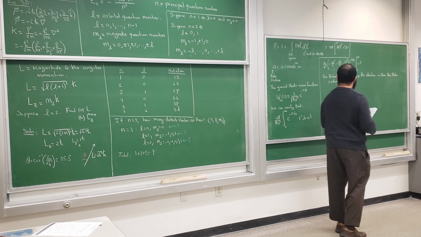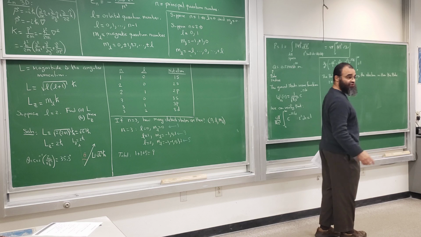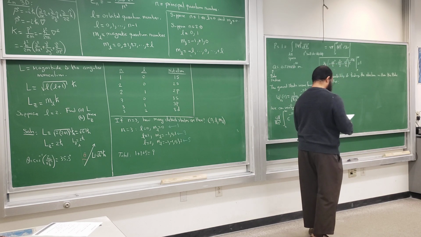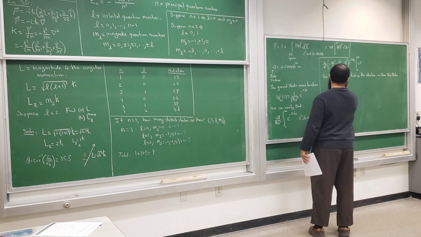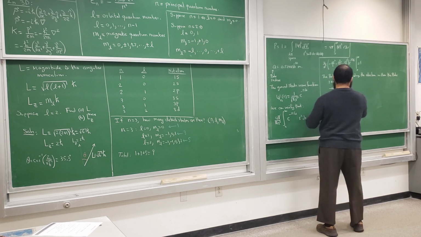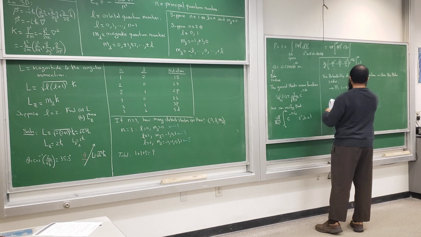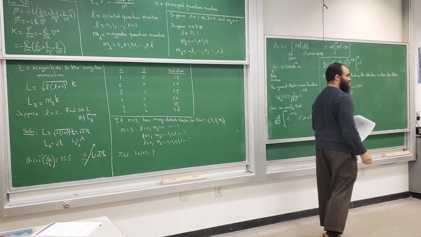And you will need to use a calculator probably. It turns out that the probability is 1 minus 5e to the minus 2, and that is 0.32. That would be the probability.